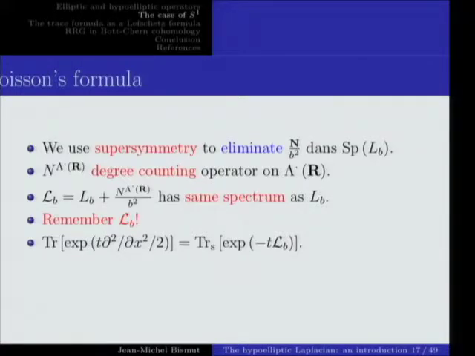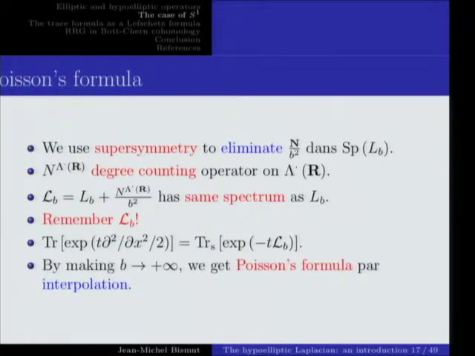So in some sense, you're still able to compute something spectrally about the original Laplacian using the hypoelliptic operator LB, so that by making b tend to infinity, you can get a proof of the Poisson formula by interpolation.